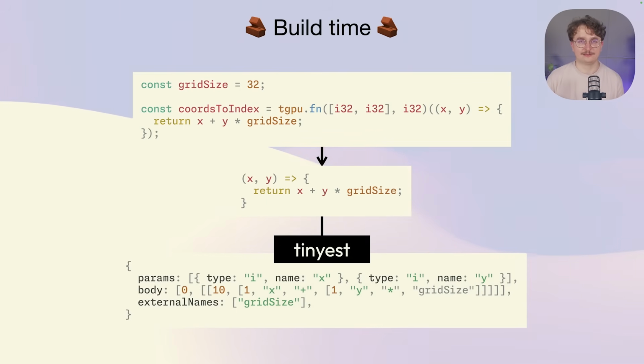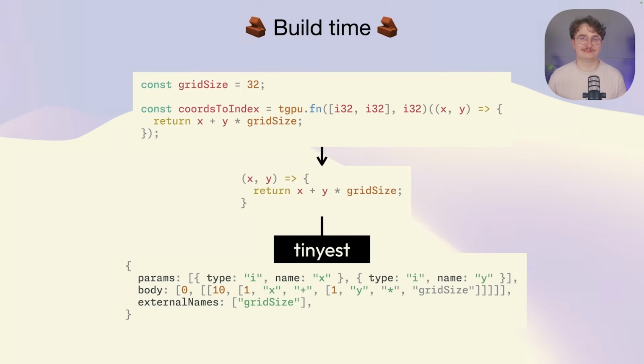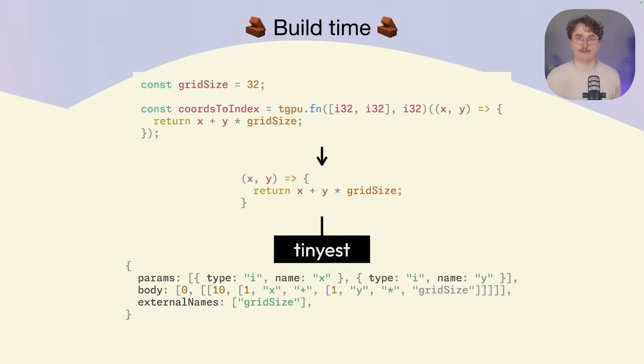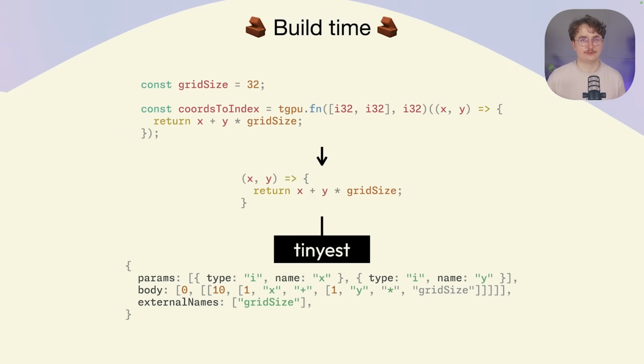This format we call tiniest, which stands for Tiny Embeddable Syntax Tree. Ironically, the format you see is larger than what was there before, but it's way smaller than an abstract syntax tree would be. So this is very good for embedding into your program, and we're able to, at runtime, very efficiently generate the final WGSL.